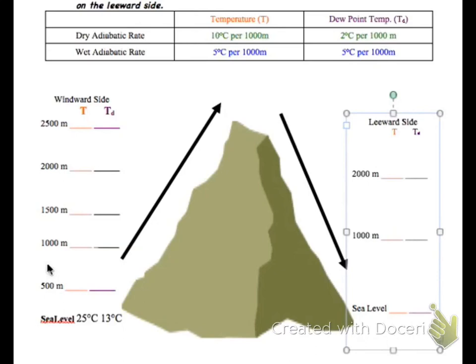And so I'm going to work through this problem with you, and we can see that on the base of my page, my sea level temperature is 25 degrees Celsius, and my dew point temperature at sea level is 13 degrees Celsius, and you'll notice that I color-coded everything. As I'm going up in altitude, we're counting by 500s on this side.